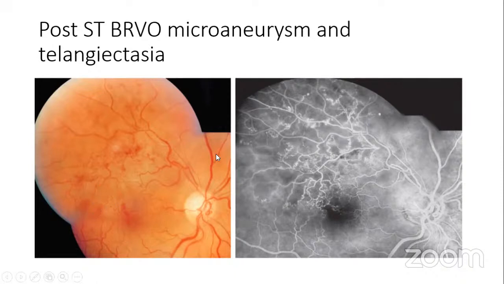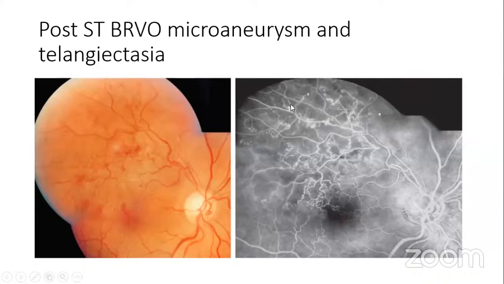But on the FFA, these dots are microaneurysms. The hyperfluorescence here is from telangiectatic vessels, and there are lots of them in this patient. Okay, and this is the attempt to bridge from vein to vein, jumping the capillaries.